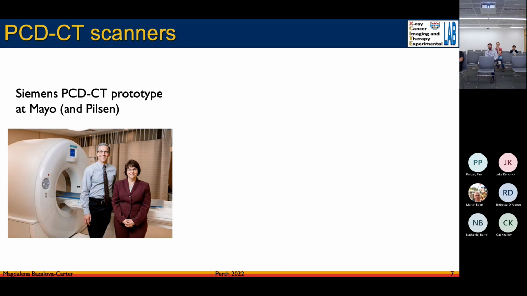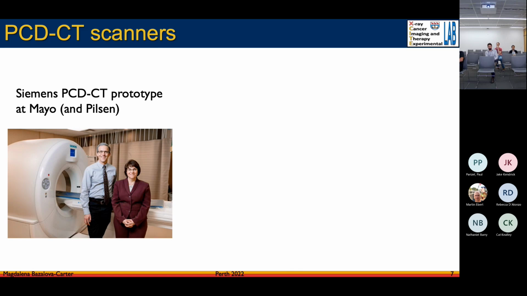All right, we do have our small experimental photon counting CT scanner at the University of Victoria, but fortunately, we are not the only ones working in the photon counting CT space. Siemens provided, I believe, 3 photon counting CT prototypes.